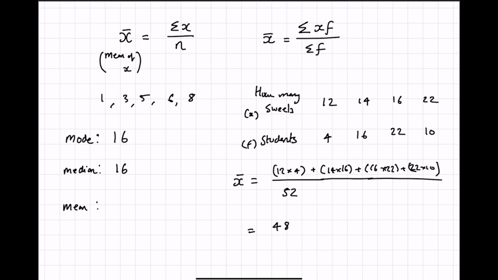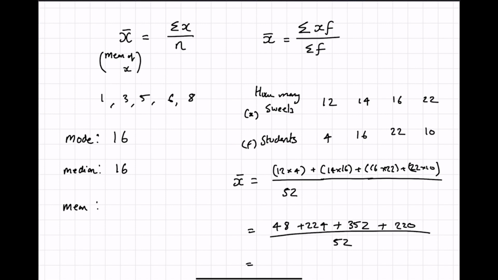That's 48. And let's just use a calculator for the rest of them. So we have 14 times 16, which gives us 224, plus 16 times 22, which gives us 352, plus 22 times 10, which is 220, all over 52.